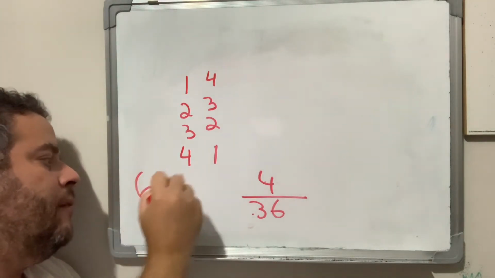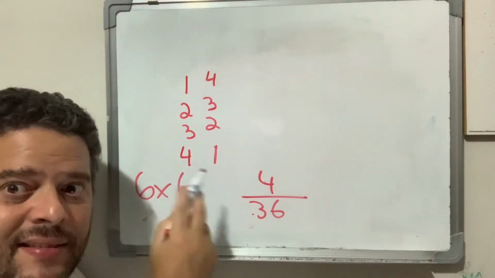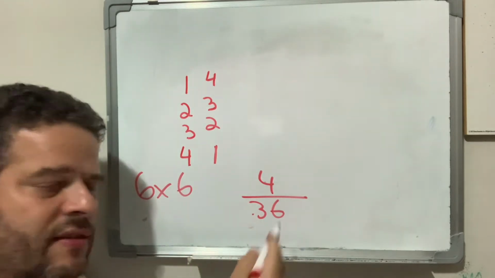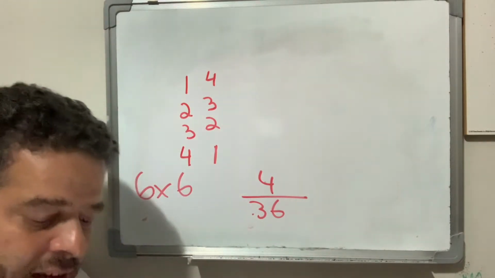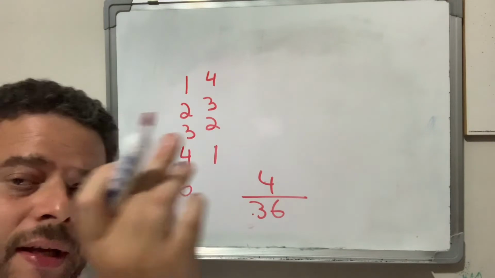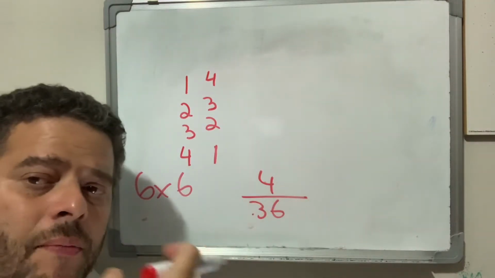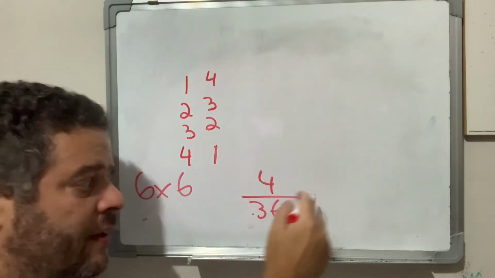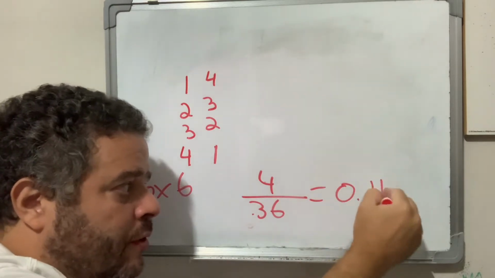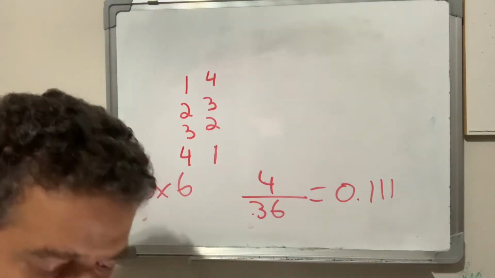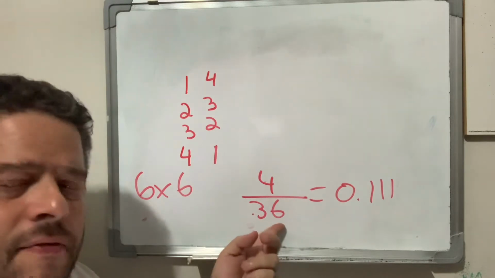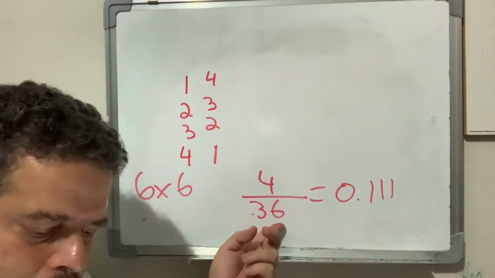Each die can roll 6 sides. I have 2 dice. 6 times 6 is 36. So again, the event of rolling 2 dice and the sum is 5 would be this, and when you divide, that gives you 0.11. Okay, so again, favorable outcomes divided by total outcomes.